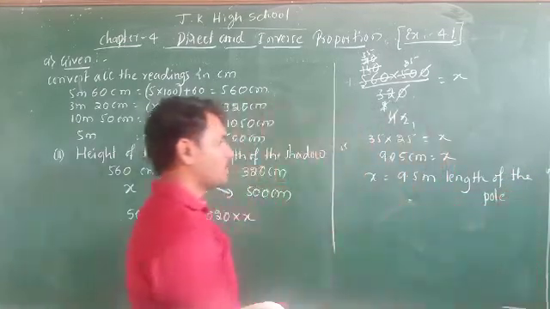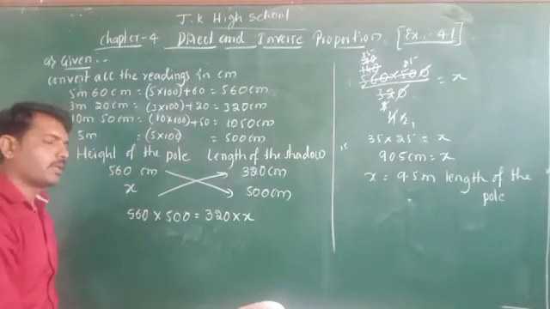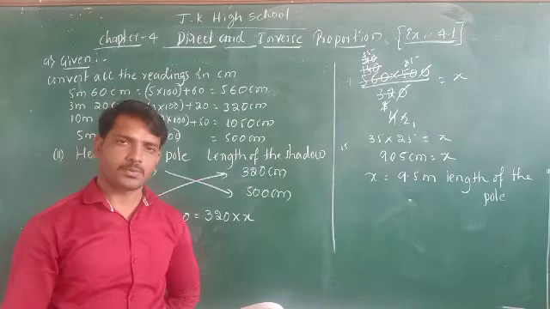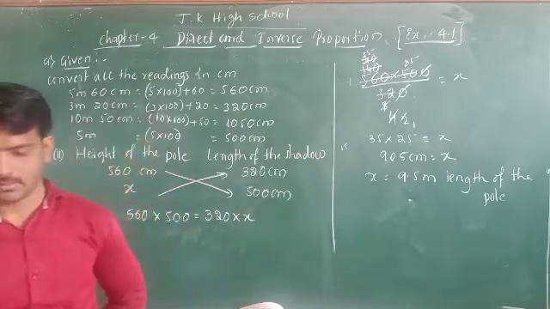Correct? In the earlier question it was the length of the shadow. In this question he asked the length of the pole. Okay, that was the answer.